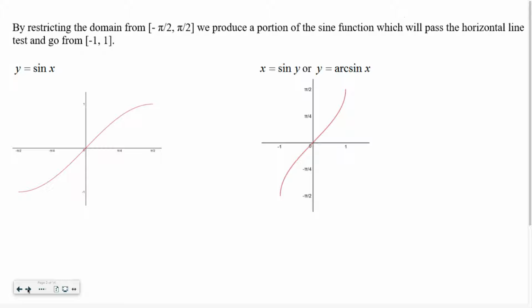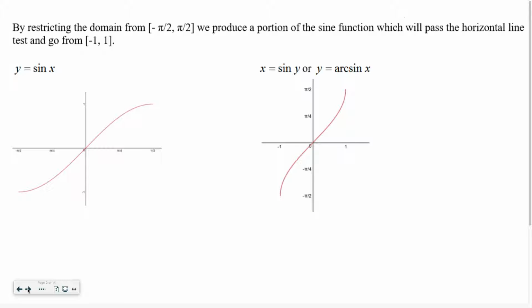So this is the graph of inverse sine. And if you recall, arc sine is the same as inverse sine. We have the 2 different ways to notate it. You'll see this a lot more often, so I'll try to use that more, but you'll see both.